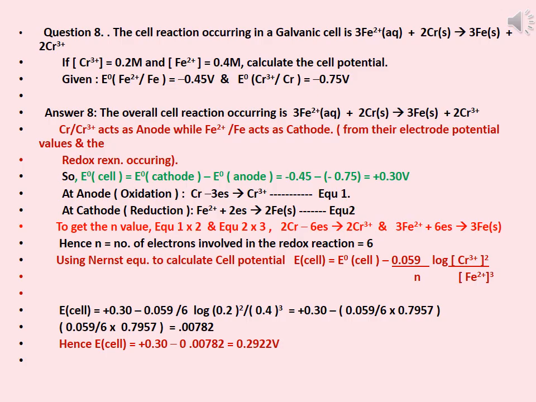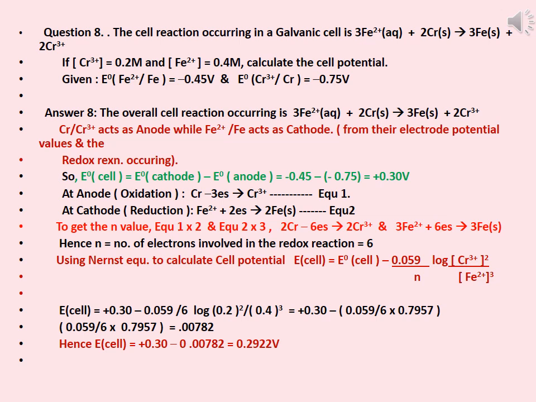0.059 by 6 into, when we solve the log quantity, we get 0.7957. After multiplication, that is 0.059 by 6 into 0.7957, we get 0.00782.